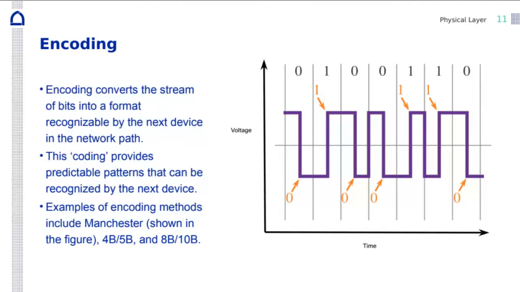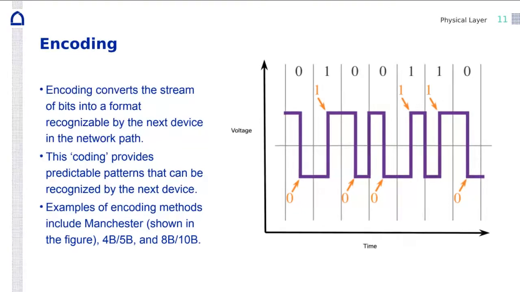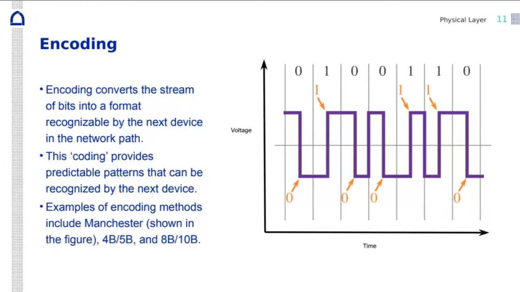In Manchester, the signal level will change according to the bit. If it is 0, it is dropping from high to low. If it is 1, it's going from low to high. This kind of encoding is called Manchester. Just an example. We study this more in the telecom and WAN security class, inshallah.